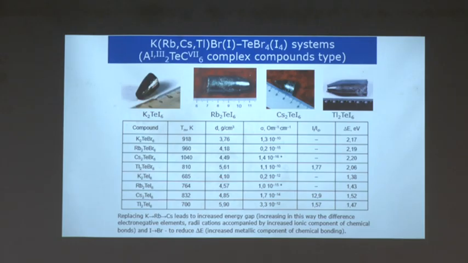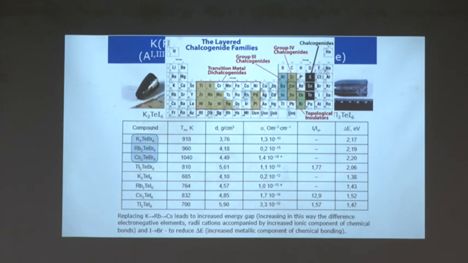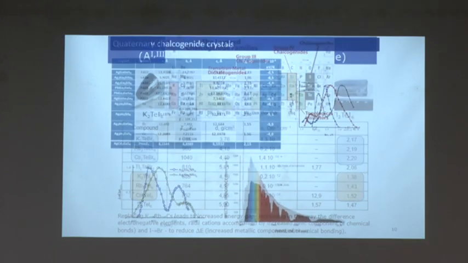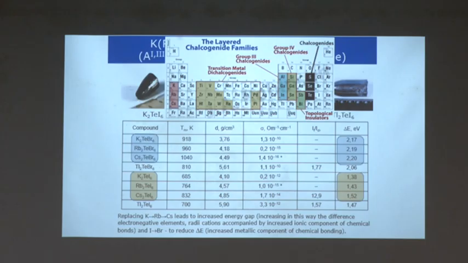And here is a next proposition, when we can also make some materials. Here we are changing the cationic part, excuse me, and also see how it influences the band gap.